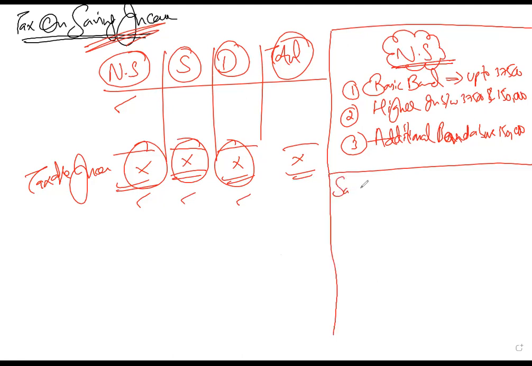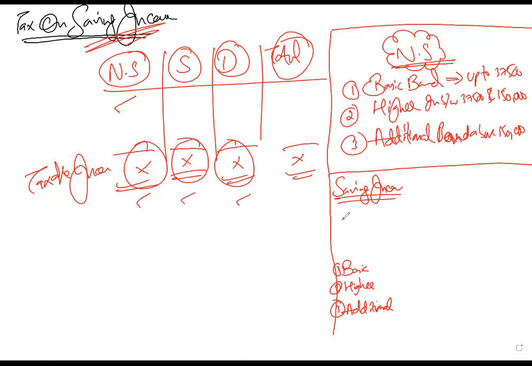In savings income, the bands will remain the same. We will have the basic band, the higher band, and the additional band. These three bands will remain constant. But in savings income, two additional bands will be introduced.